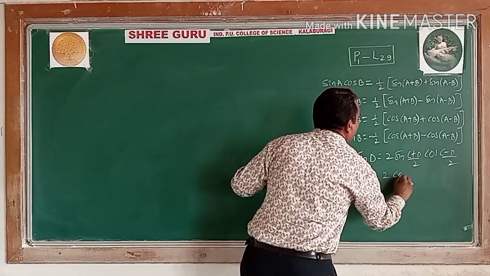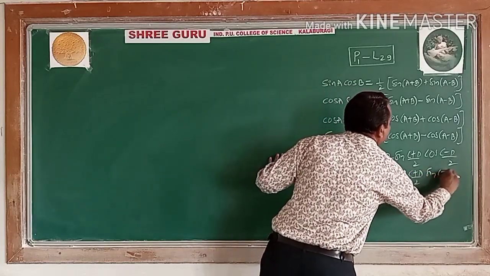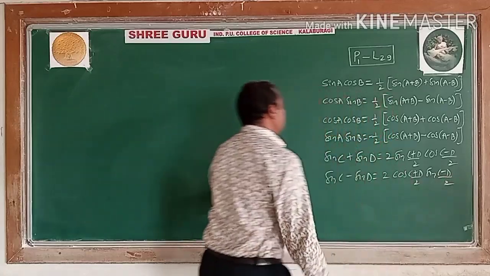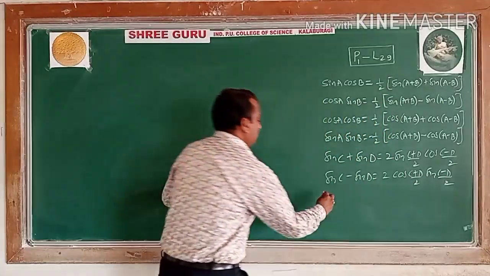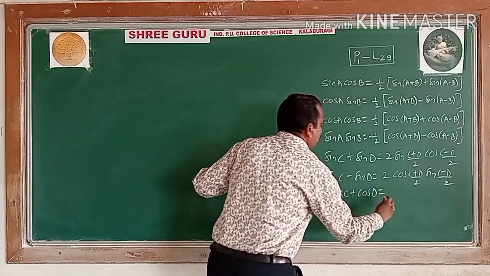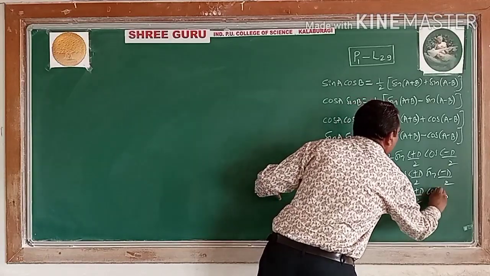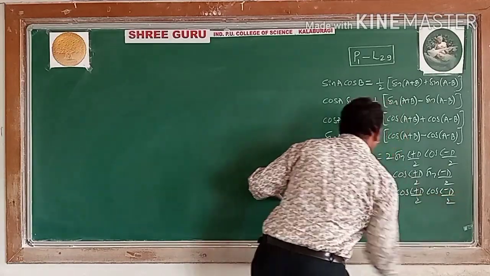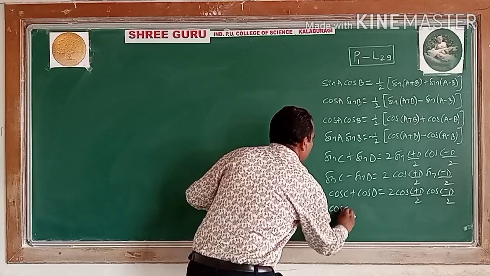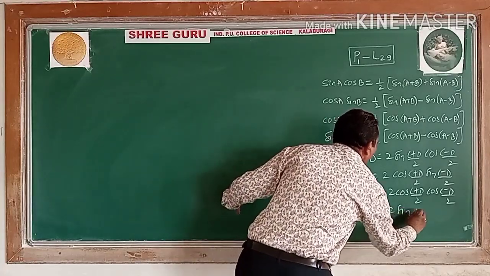Sin C minus sin D is 2 times of cos, first cos then sin. Cos C plus cos D, both cos. Cos C minus cos D, both sin with negative sign.